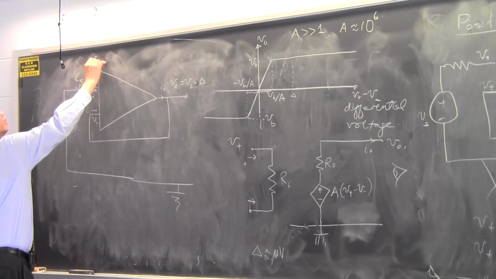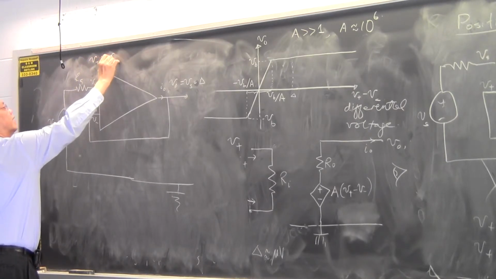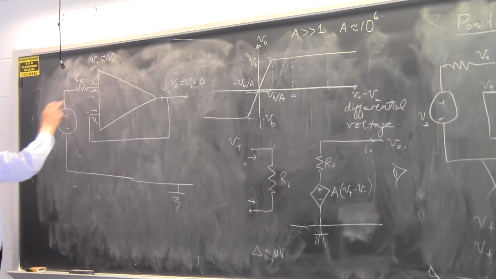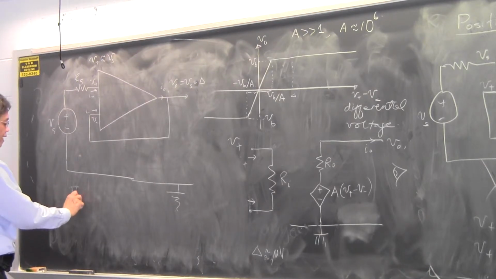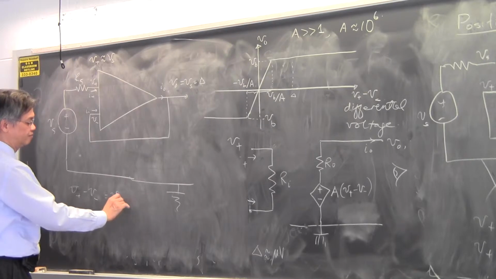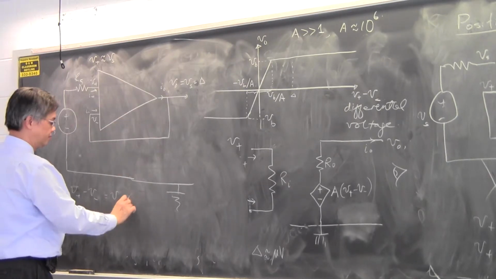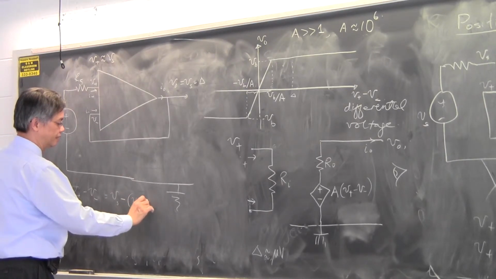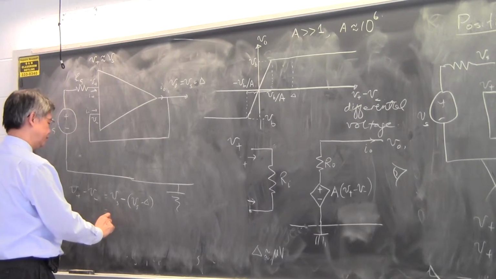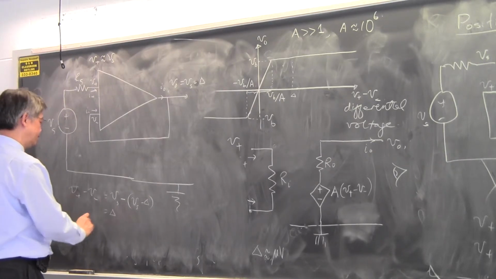V plus would be equal to Vs because of the low current that flows in there. So if you were to look at this circuit, then V plus minus V minus, as we said before, is equal to Vs minus V minus, which is Vs minus delta, which is equal to plus delta.